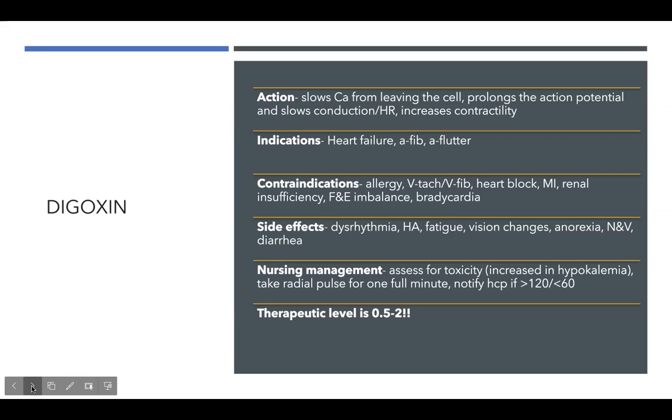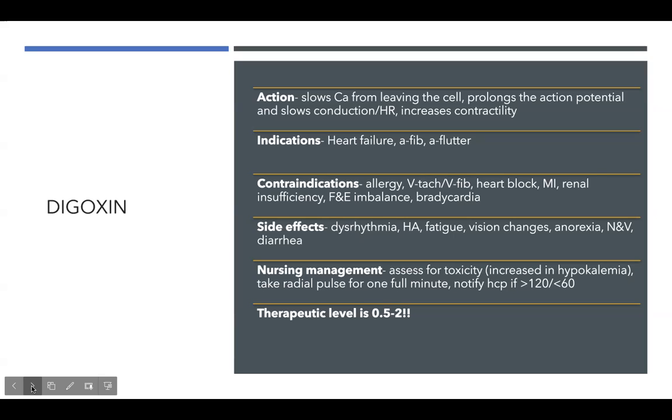Some contraindications here are an allergy, if your patient is experiencing VTach or VFib, a heart block, a recent MI, renal insufficiency, fluid and electrolyte imbalance, and bradycardia. Side effects consist of other dysrhythmias, headache, fatigue, vision changes, anorexia, nausea, vomiting, and diarrhea.